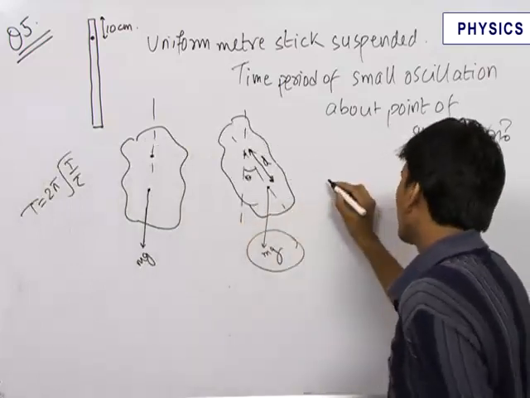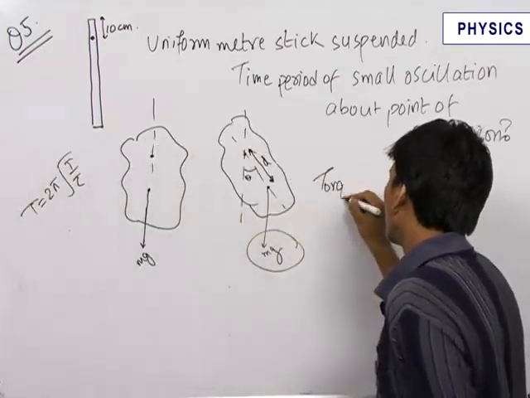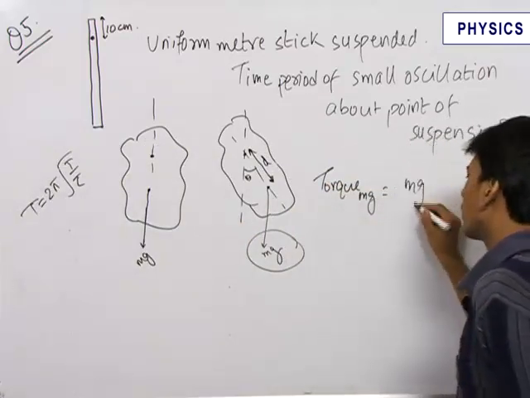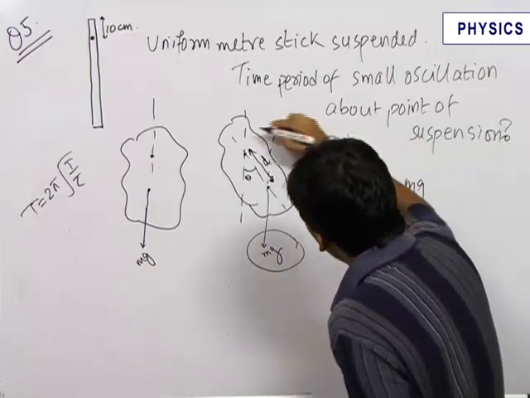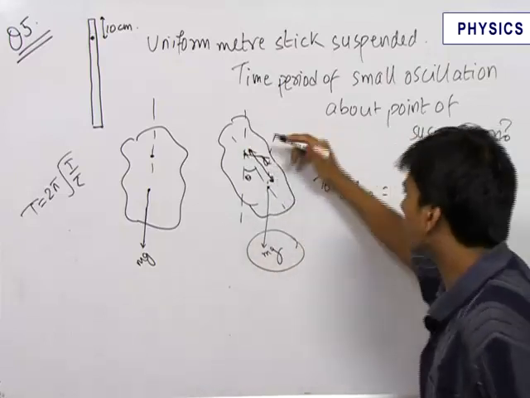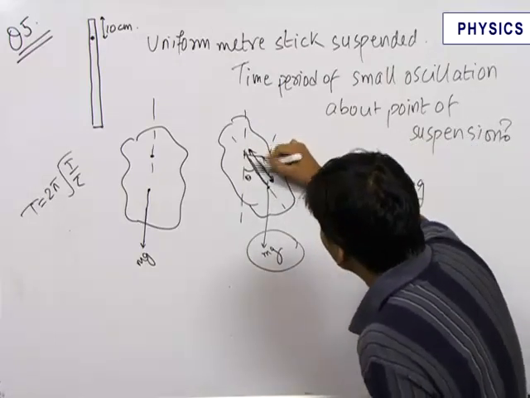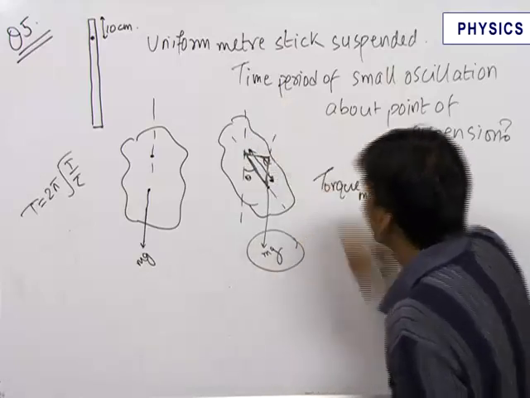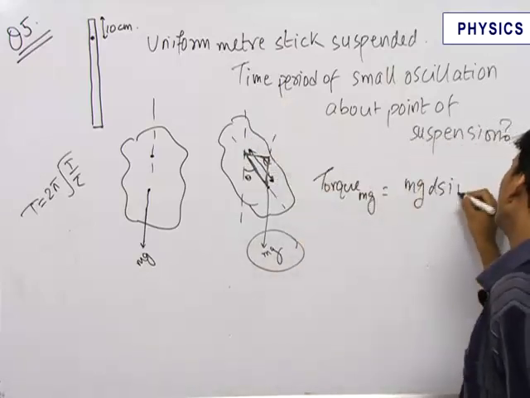So if we write the torque of mg, this comes out to be mg into the perpendicular distance of the line of action of force of mg from the axis. This was d, this is d cos theta, therefore this is d sin theta.